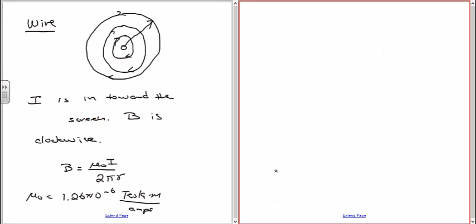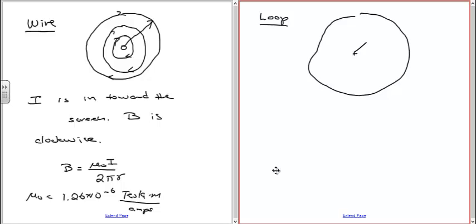Then you have a loop of wire, or loop of wires. Remember in class we had that loop, and so there's a radius to the loop, and some current flowing around the loop, and they're in turns. So each loop is going to add on to the amount of magnetic field inside. The more loops you have, the greater the magnetic field strength.